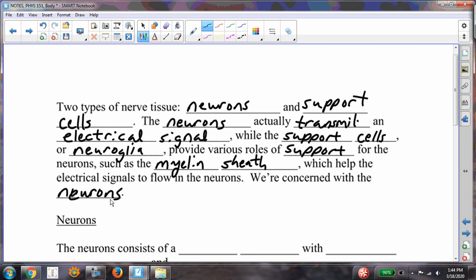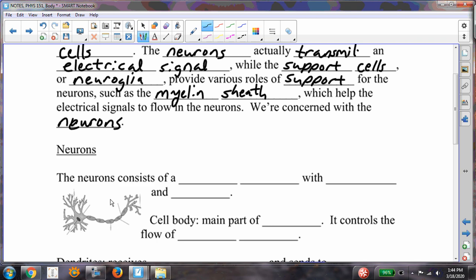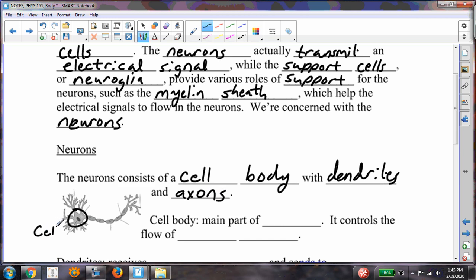So the neurons consist of a cell body with dendrites and axons. This part right here is our cell body. Our dendrites are these tree-like structures.